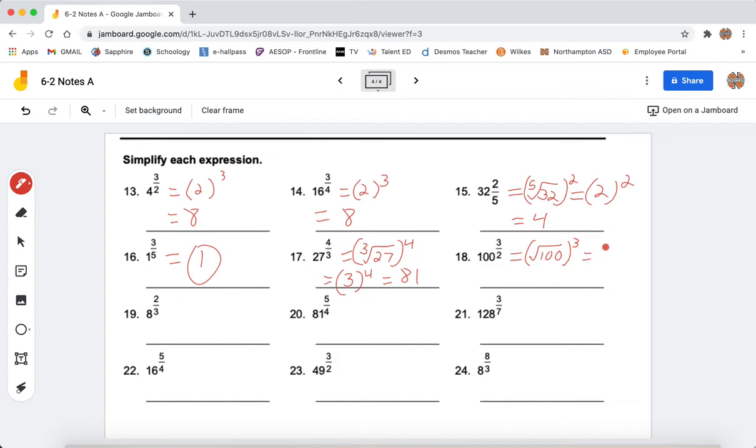Square root of 100 is 10. So we got 10 to the 3rd power, 1,000. So we got the cube root of 8 squared. So cube root of 8 is 2, and then we have 2 squared. 2 squared is 4.